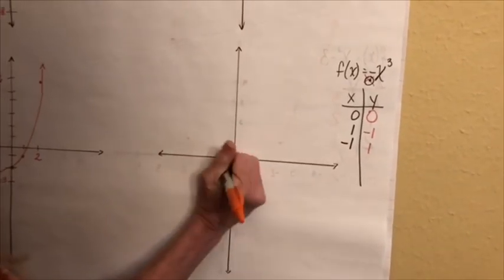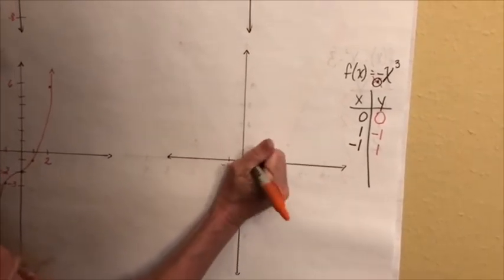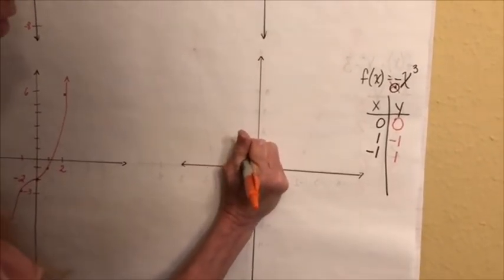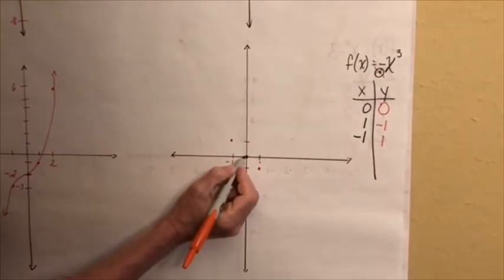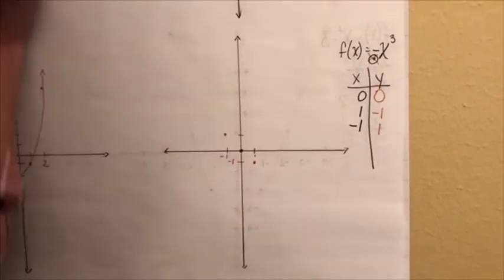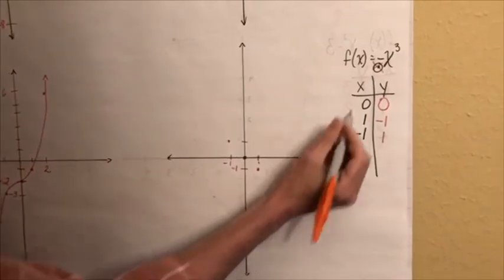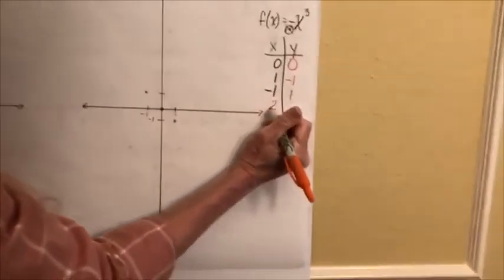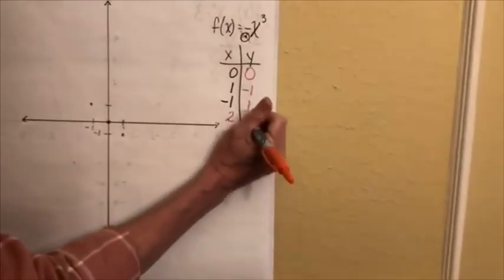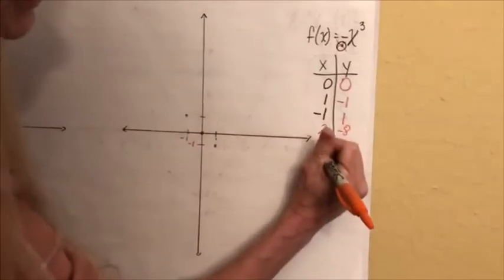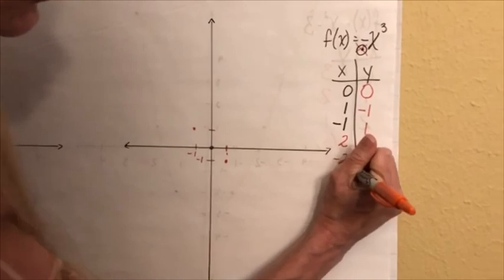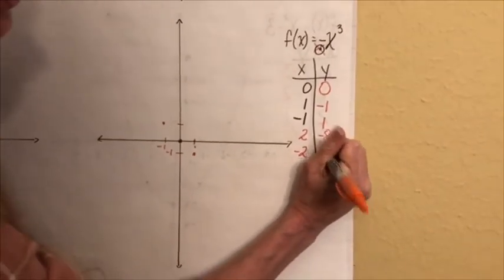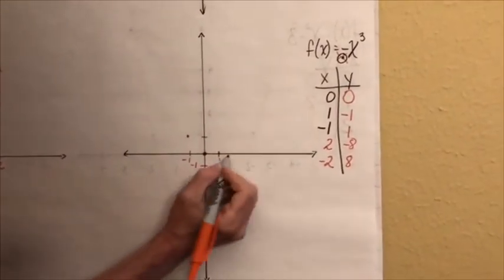And we have -1, 1. All right. So as you can imagine, if we were to graph 2, well, if x is +2, y will be -8. And if x is -2, y will be +8. All right.